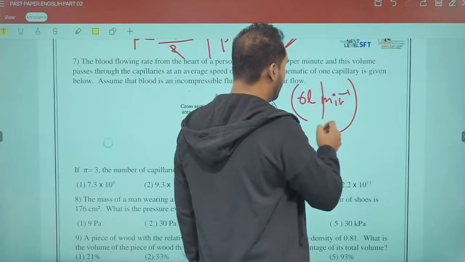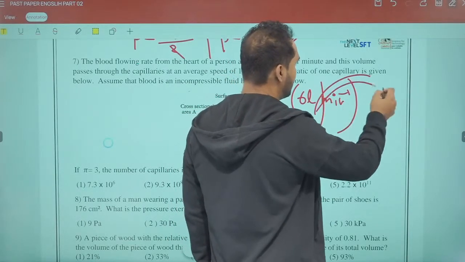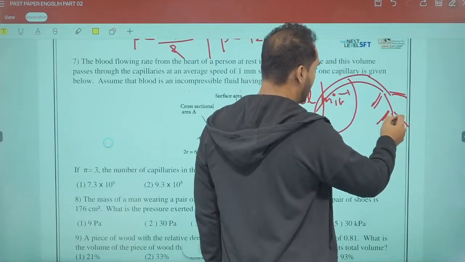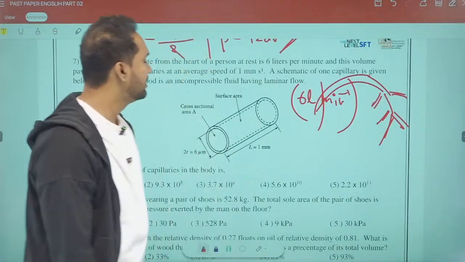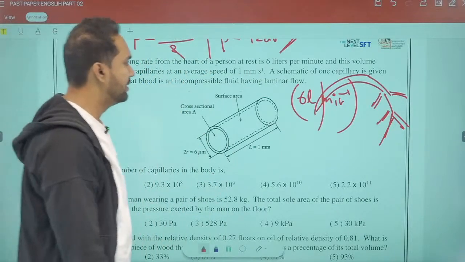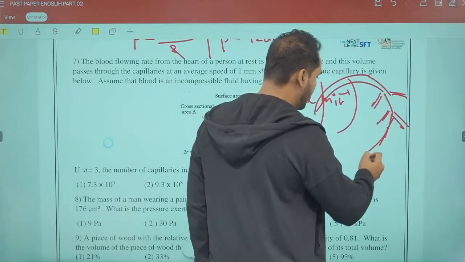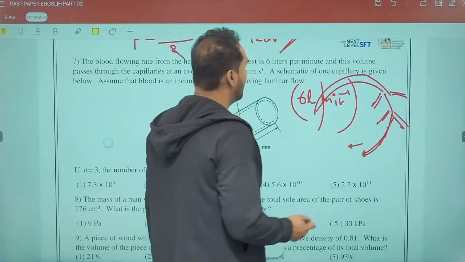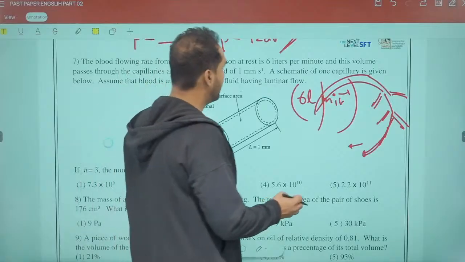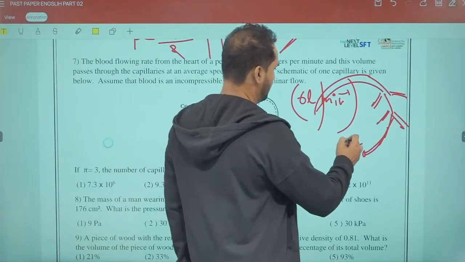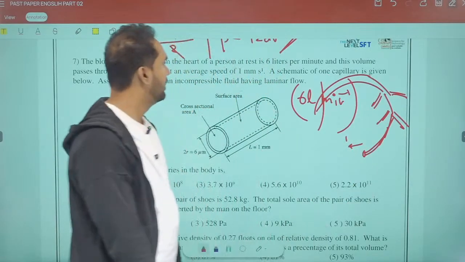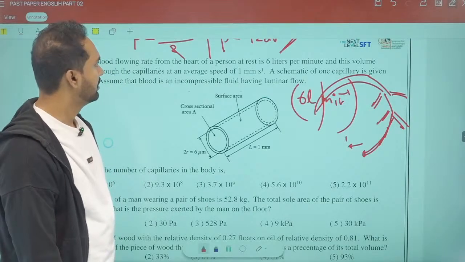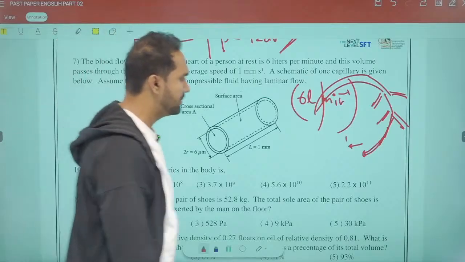This is pumped by the heart, and this goes out and divides into capillaries somewhere, right? And in the capillaries, the average speed that the blood flows in a capillary is 1 millimeter per second.